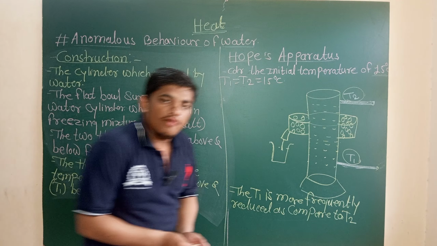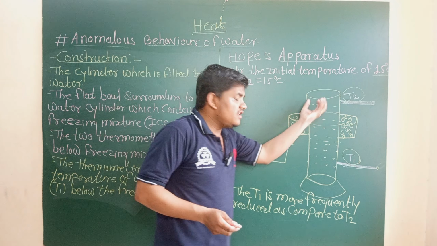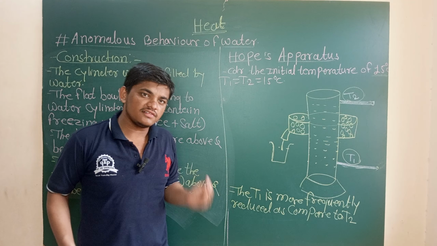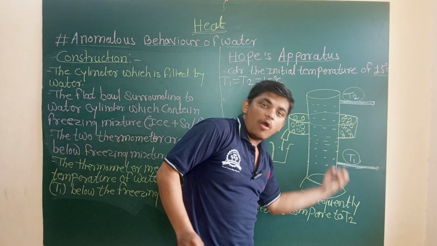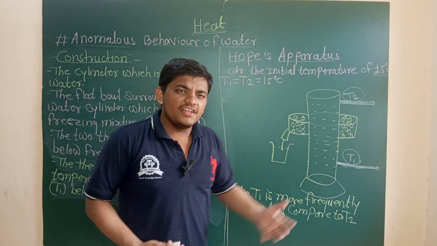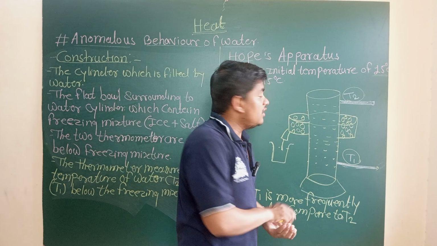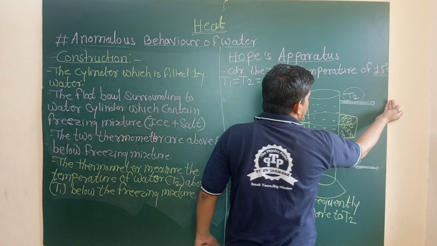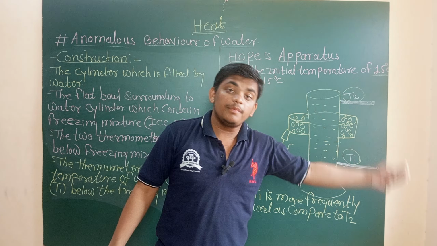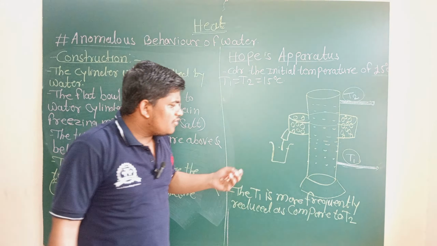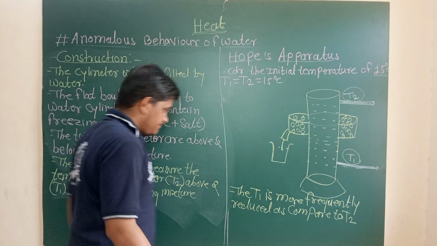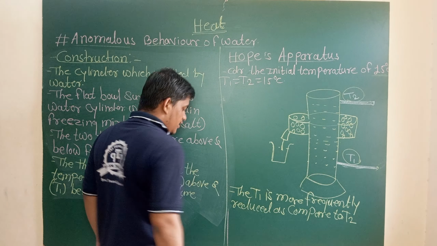When the water inside the cylinder contracts between 15 and 4 degrees Celsius, it moves downward, and T1 is reduced more quickly than T2. If T2 comes from 15 to 14, at that time T1 comes from 15 to 13, and it keeps reducing faster up to 4 degrees Celsius as compared to T2.